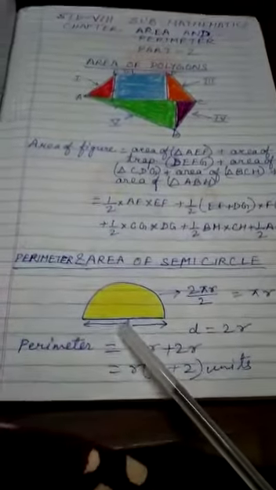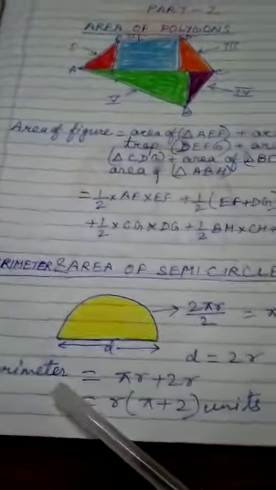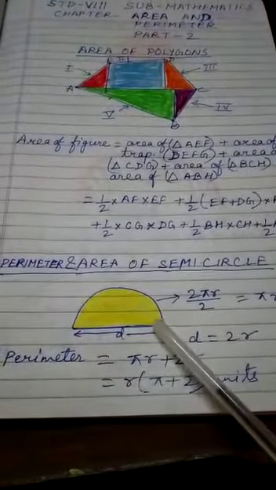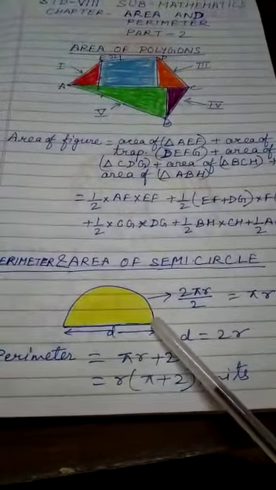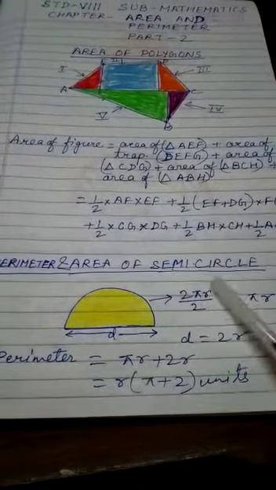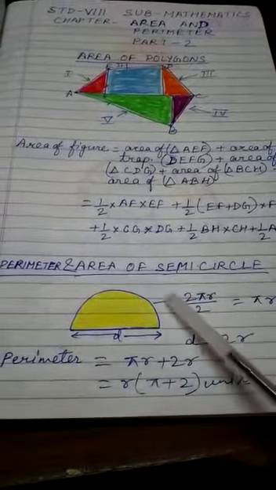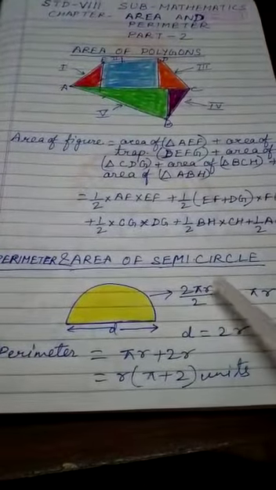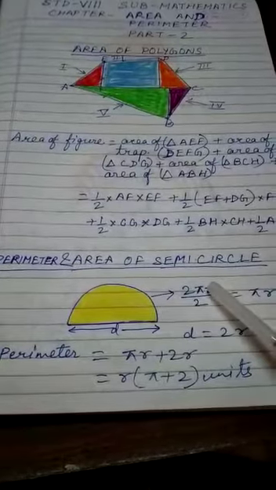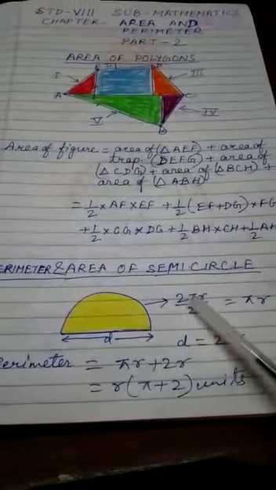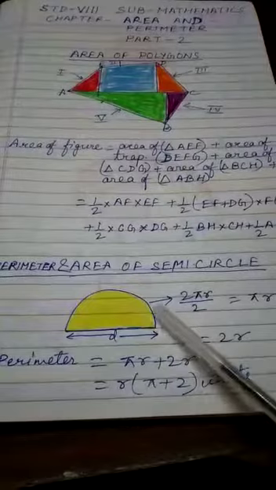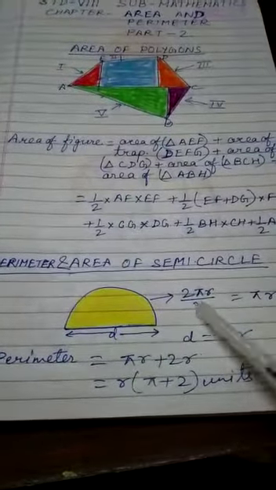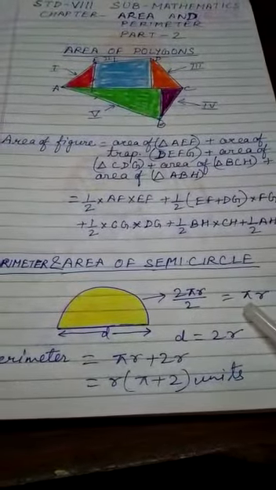Moving on to the next one, that is area of semicircle and perimeter. Semicircle means half of the circle. The perimeter of a full circle is 2 pi r. We can also call it circumference. So 2 pi r, and half of that means this part, the length of this part is equal to 2 pi r by 2, that is pi r.